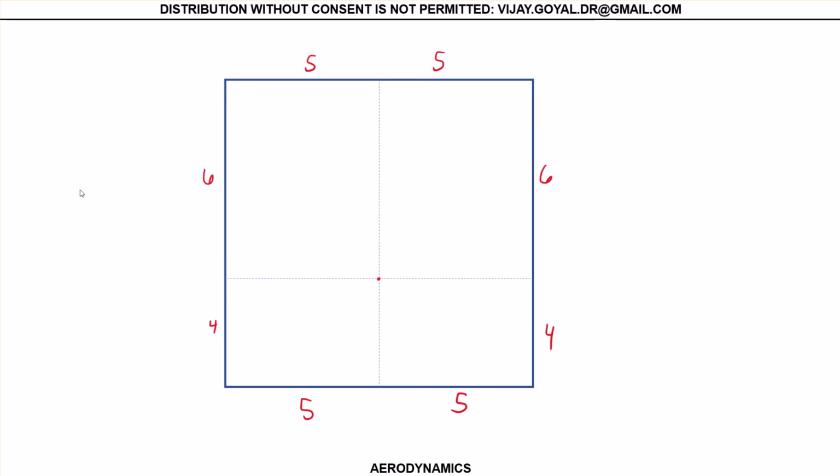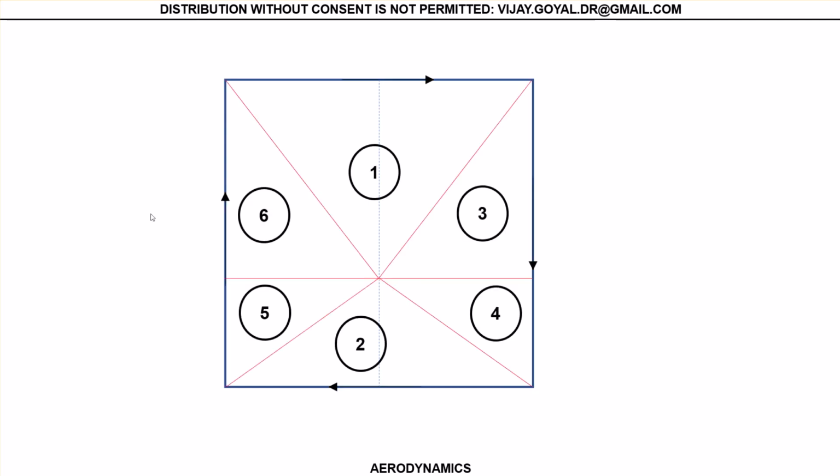And so the next thing we're going to do is divide this into a bunch of triangles. And I did that. We're going to give each one of these segments a different number: we'll call this 1, this segment 2, 3, 4, 5, 6. The numbering system is rather arbitrary. And just from the previous chart, this is 5, 5, 5, 6, 4, 5, 5, and this segment is 4, this is 6.